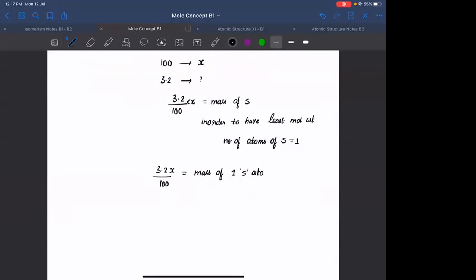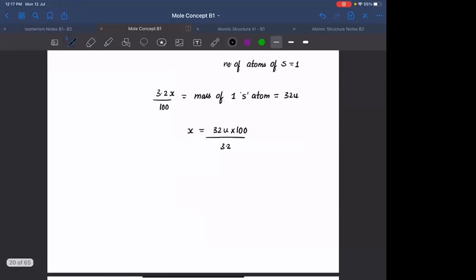What is mass of one sulfur atom equal to? 32 AMU. So x must be equal to 32 AMU into 100 divided by 3.2, which is equal to 1000 AMU.